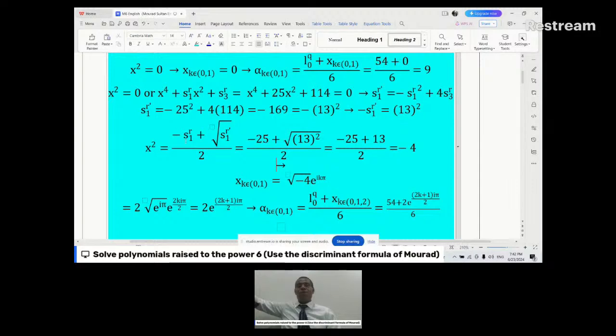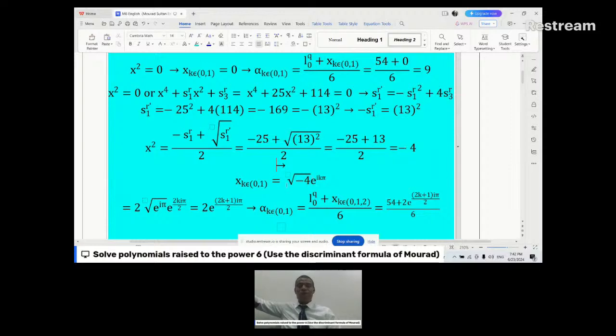So x squared equals negative s1, plus the square root of the discriminant, divided by 2. It will be negative 25 plus the square root of 13 squared, divided by 2, which gives negative 4. This is x squared equal negative 4.